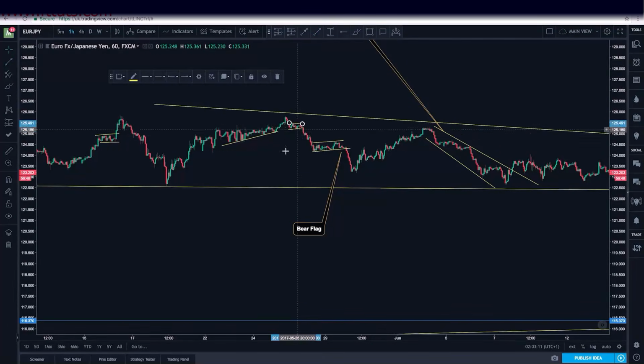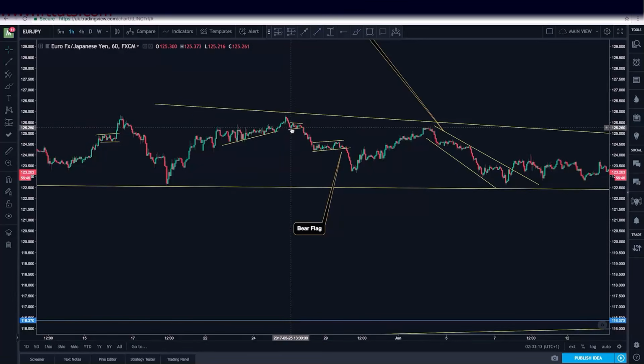Generally, after we get a move down, we get a 6 to 8 hour correction. Mathematically, what we've seen from historical data is that after 6 to 8 hours, that is good for us to put an entry on. So you can start to count the candles and realize if we've got a minimum of 6 hours.